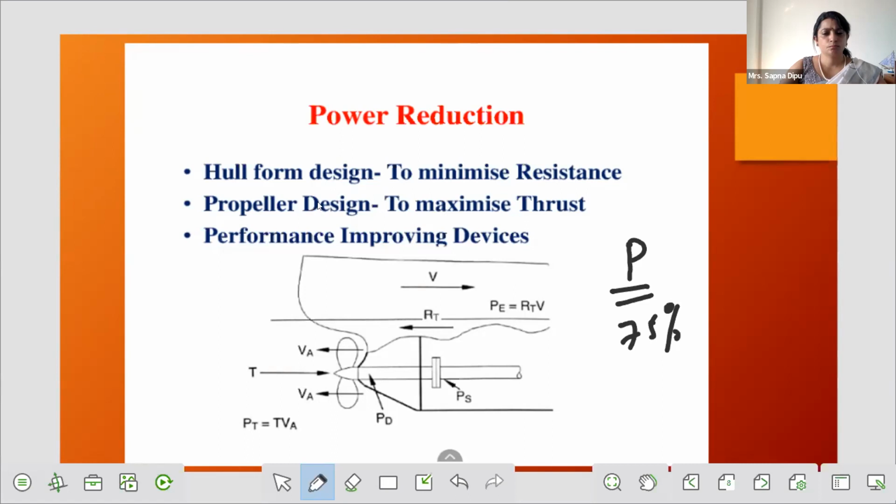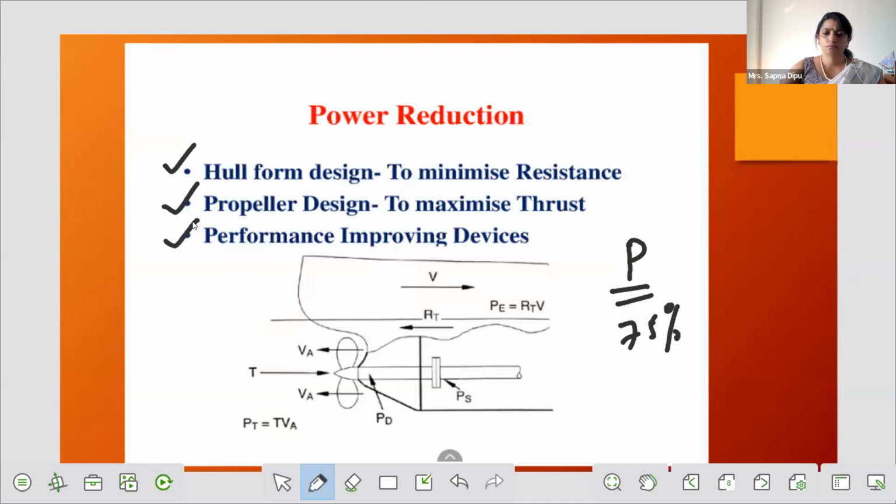Now for that, these are the options available. One is we have to design the hull form in such a way that we can minimize the resistance, and we can design the propeller to maximize the thrust, and use various performance improving devices.